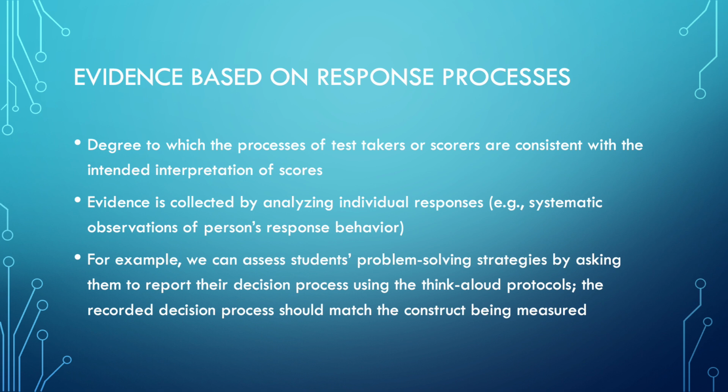The recorded decision process should match the construct being measured. So, for response processes, we're looking at the individual and how the individual is responding to all of the items on the test. And then we want to make sure that those scores are consistent with the intended interpretation of the scores.